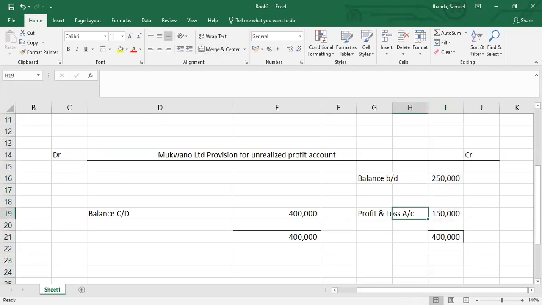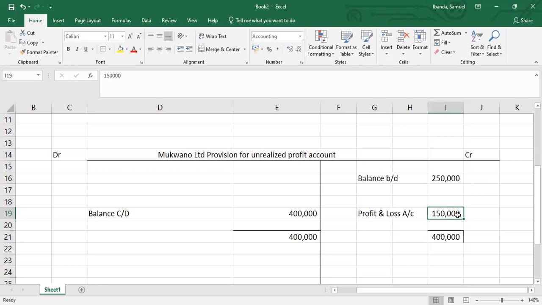So basically, in essence, from the question, they told us that if you compare your closing inventory, the unrealized profit on closing inventory, with what you opened with, and get the difference between the two, especially when this one is higher than the opening, then the 150 here should be debited to our P&L.